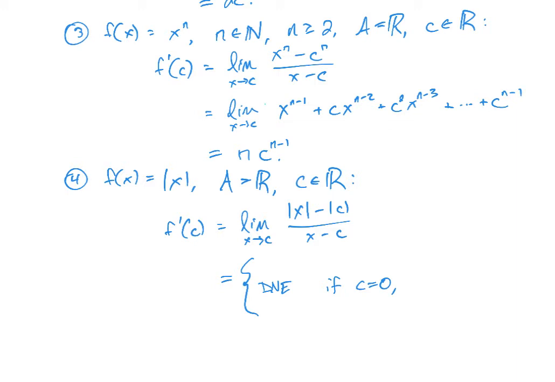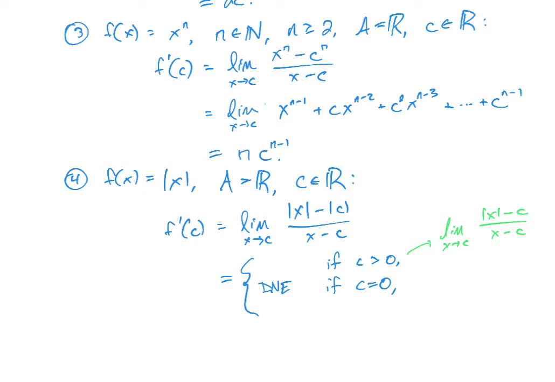On the other hand, if c is positive, okay, then how would you do this limit? We're looking at the limit as x goes to c of absolute value x minus c over x minus c. You know that as x gets closer and closer to c, eventually x has to turn positive itself.